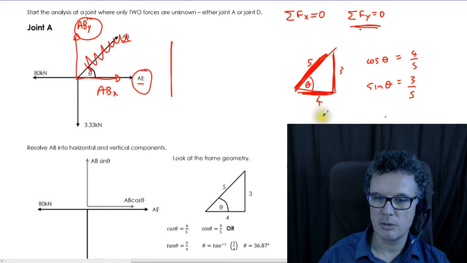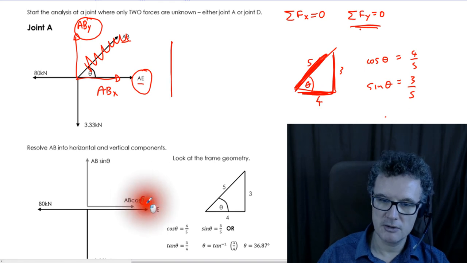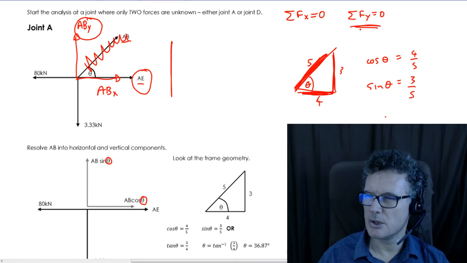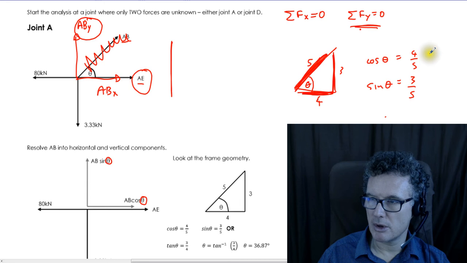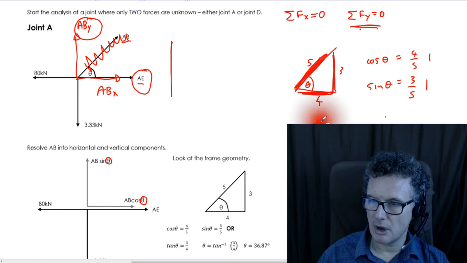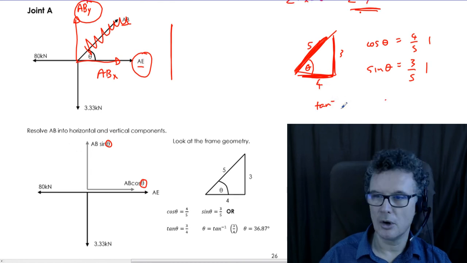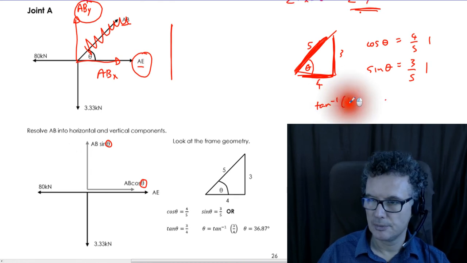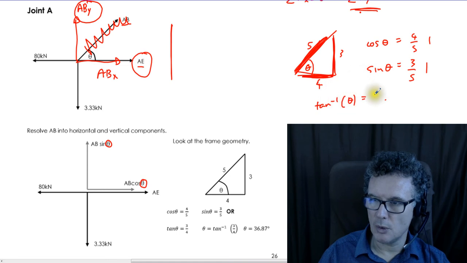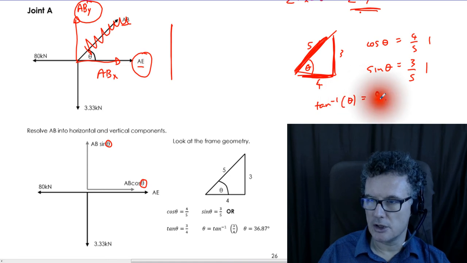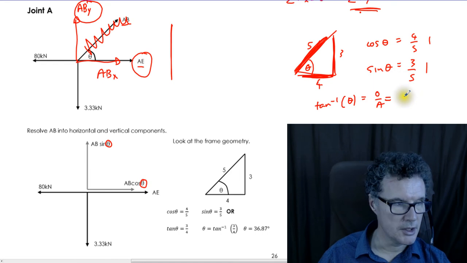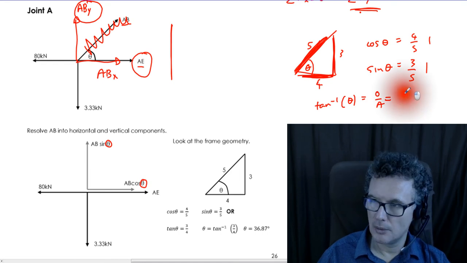Alternatively, some people like to use the actual theta values in their trig functions, in which case you would use one of these functions to find theta, maybe your arctan, where you're doing the opposite over the adjacent. So that's going to be the 3 over the 4.